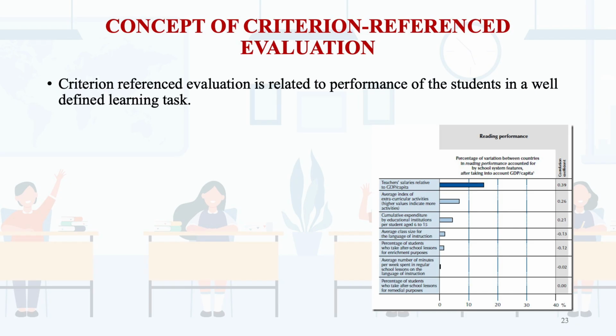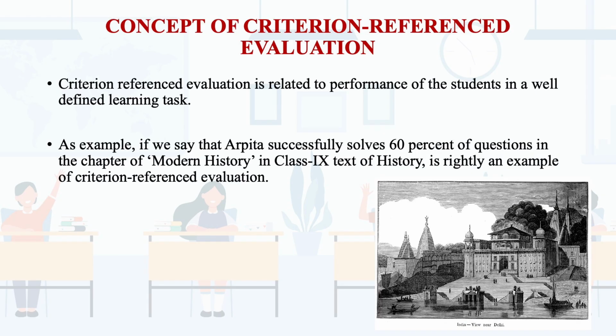So in criterion-referenced evaluation, I have already said that the learner's performance will be compared in a well-defined learning task. So dear learners, you are supposed to understand what the learning task is. As an example, if you say that Arpita successfully solves 60% of the questions in the chapter of modern history in the class 9th history text, here the well-defined learning task is modern history.